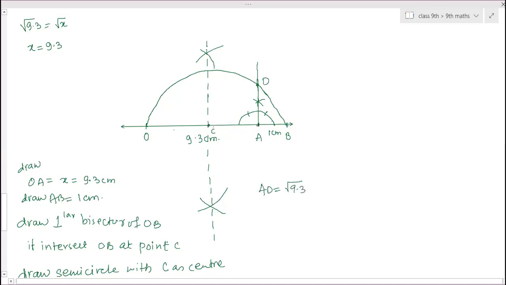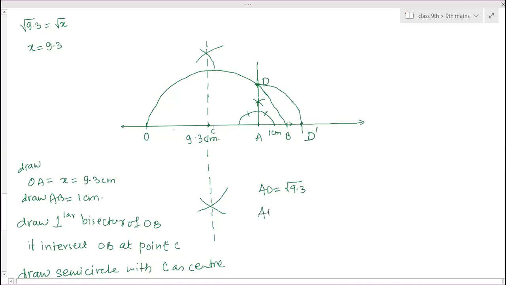Then place the compass at point A, AD as the radius, and draw an arc, because that point we have to show on the number line. So compass at A, AD as radius, draw an arc passing through D and meeting the number line. So this point is D dash.